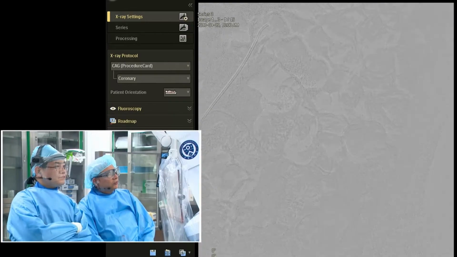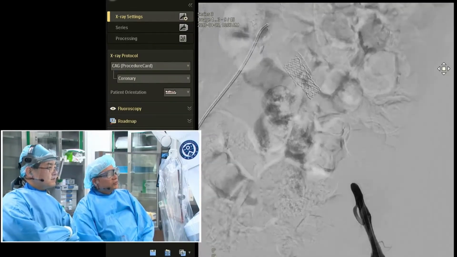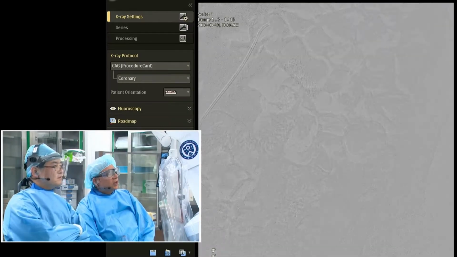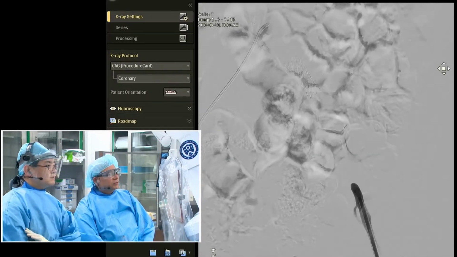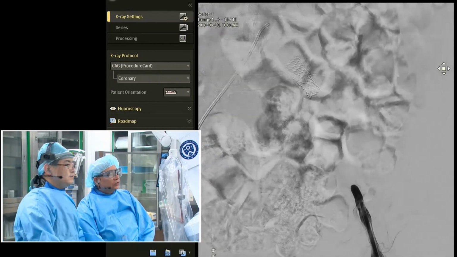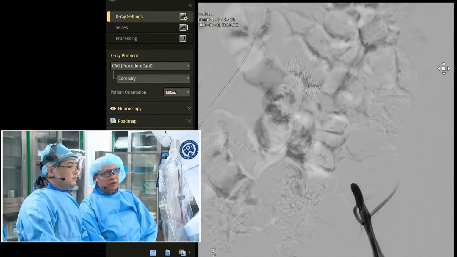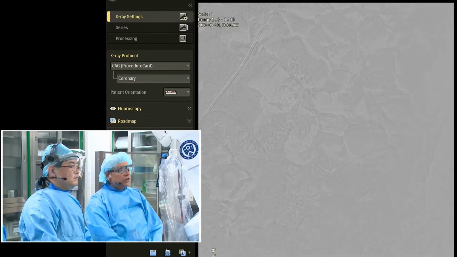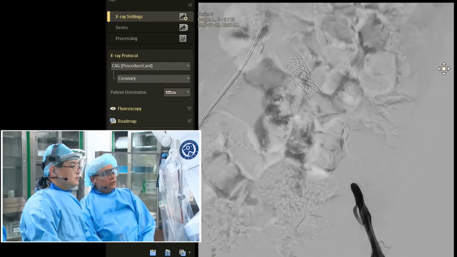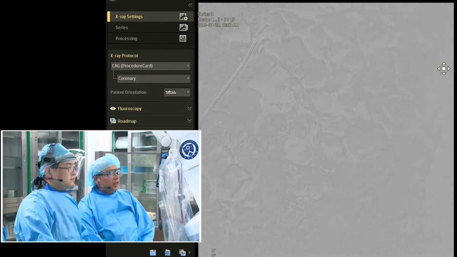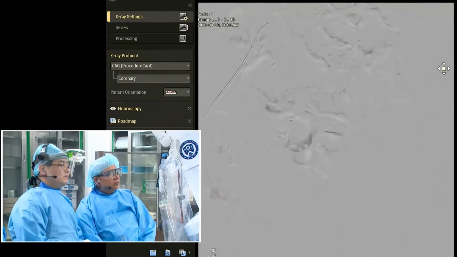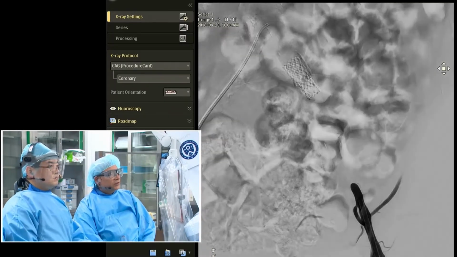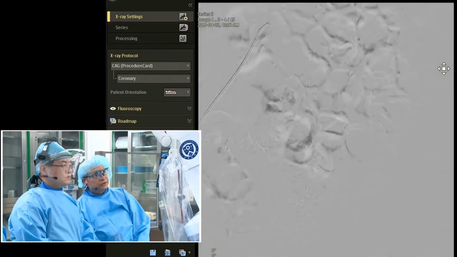From our point of view we thought this was very positive, because with the presence of a stump at the common iliac, the success rate of crossing it is much higher than if it's a blind end. And also the stump in the distal external allows us to park a sheath quite comfortably without it falling out of the groin and still being able to access the common femoral artery. So there are some anatomical features which make this case very conducive to a retrograde approach.